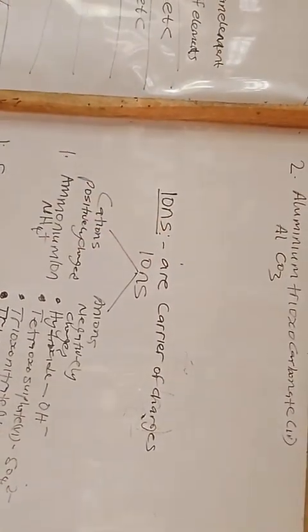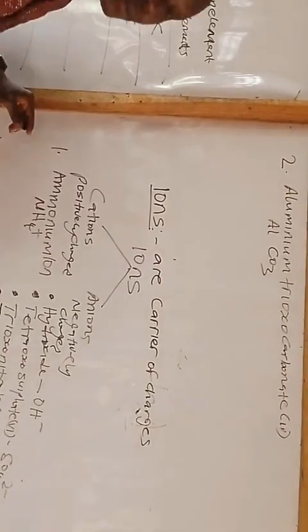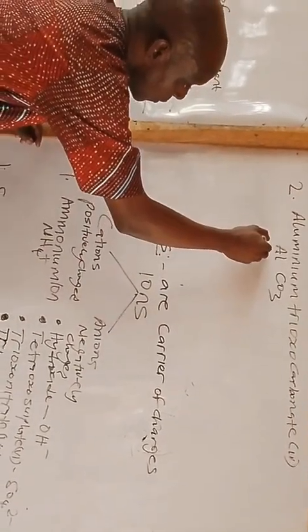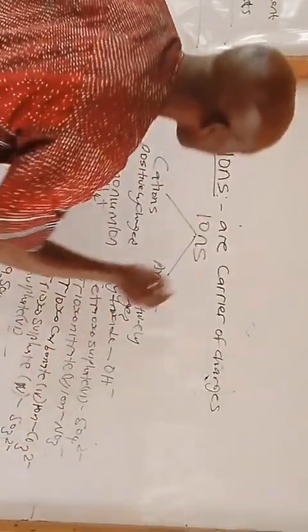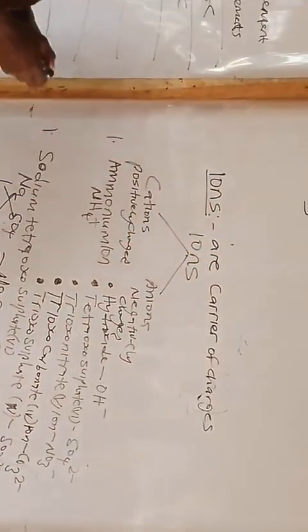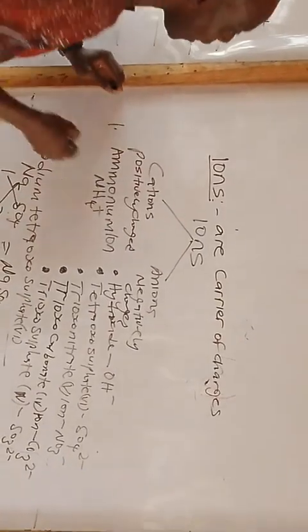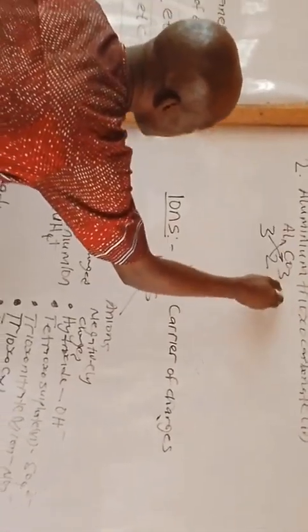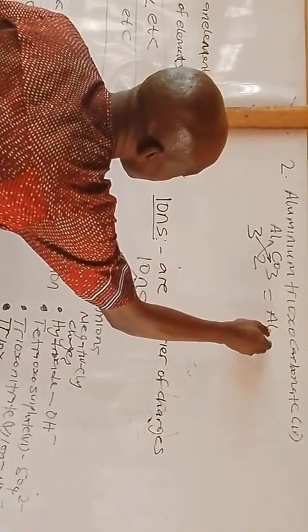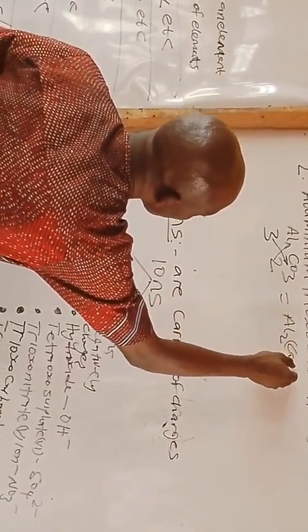Trioxocarbonate 4 is CO3. So the valency of aluminium from the periodic table is 3. CO3, trioxocarbonate 4, is 2, from the number of charges it is carrying. So by the time they combine, they exchange their valency. 3 goes to CO3, 2 goes to aluminium, becoming Al2(CO3)3.